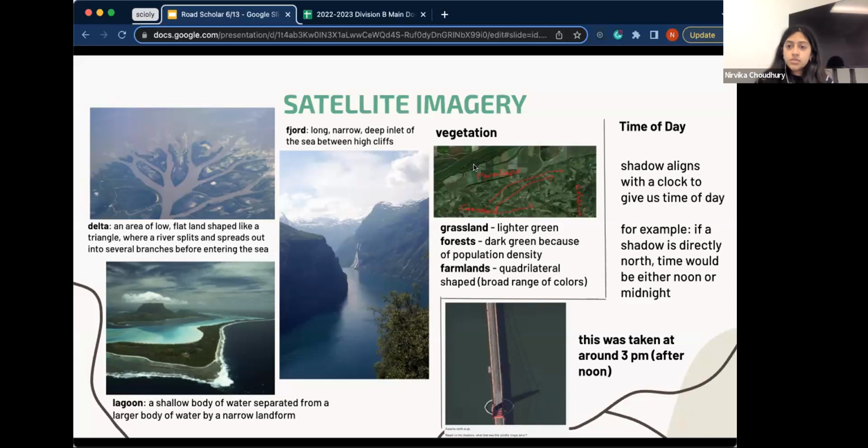Okay. Time of day is shadow is when the shadow aligns. You can find the time of day when the shadow aligns with the clock to give us the time of day. For example, if a shadow is directly north, time would be either noon or midnight because your shadow is facing that way. That's what the time is. So it's a very easy way to find the time of day.